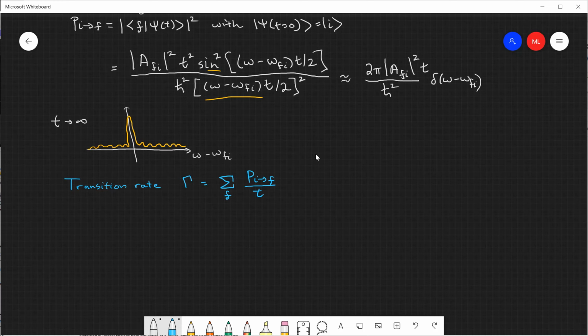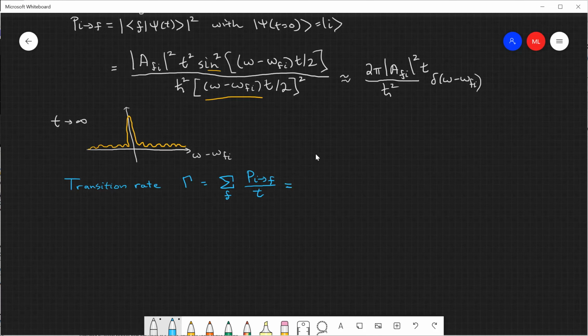A free particle can have any kinetic energy, so you would have to sum over all the possible final kinetic energies. So there's a set of final states you would be interested in.